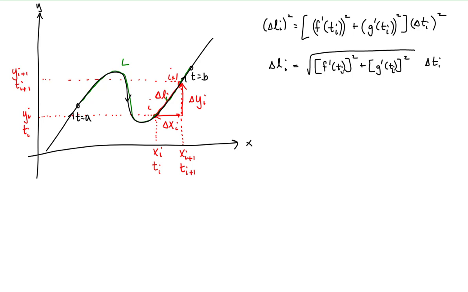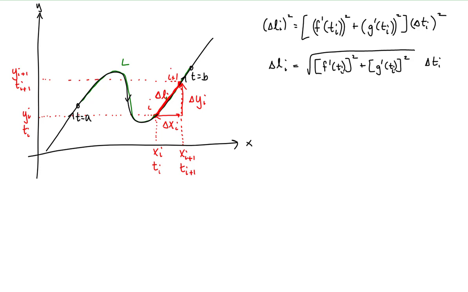I need to remember that each one of these t's is evaluated at the point i. This now gives us an expression for the length of the segment of line delta L at i between the points t at i and t at i plus 1.